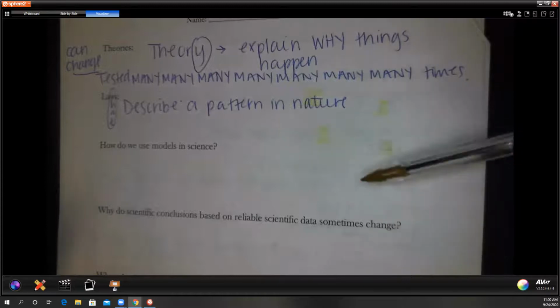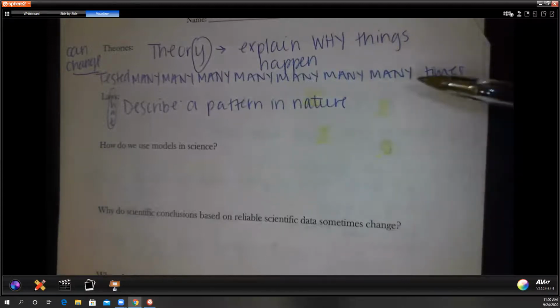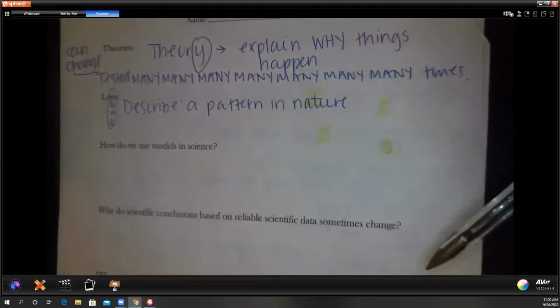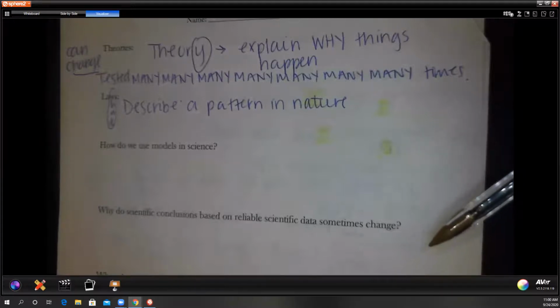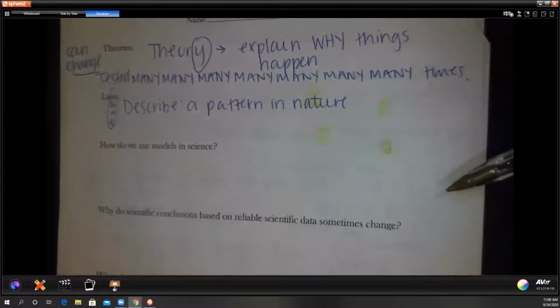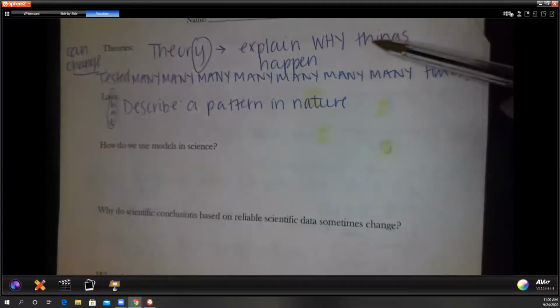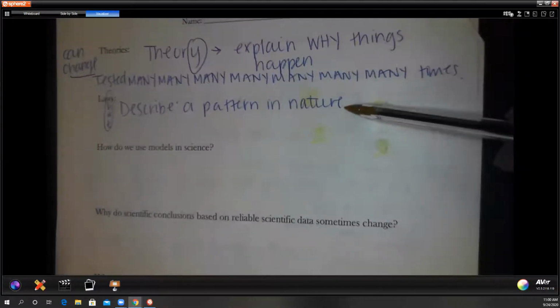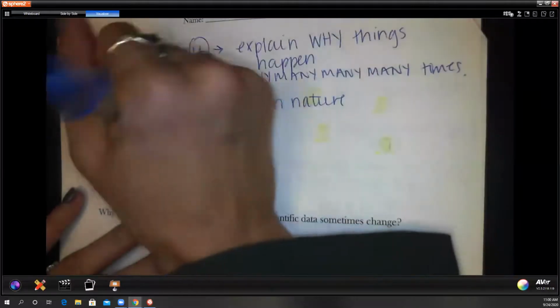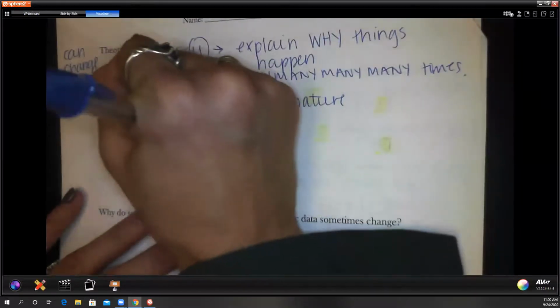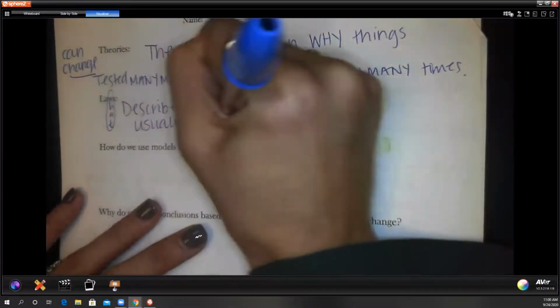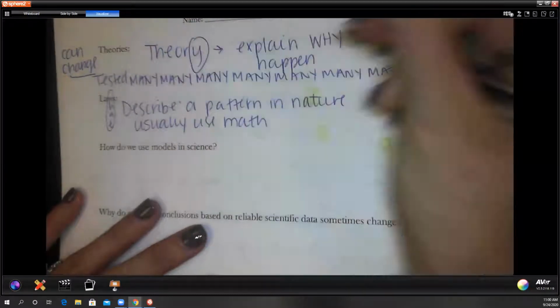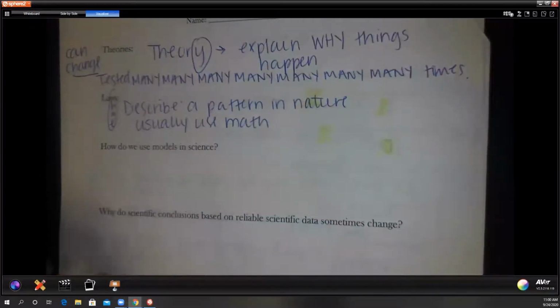The law itself uses math to tell me exactly what it means to drink and drive. 0.08. That's the line. But I could theorize or explain why I think you might do it, right? But a law is going to tell me exactly what it means. It's describing it. And like I said, they usually use math.